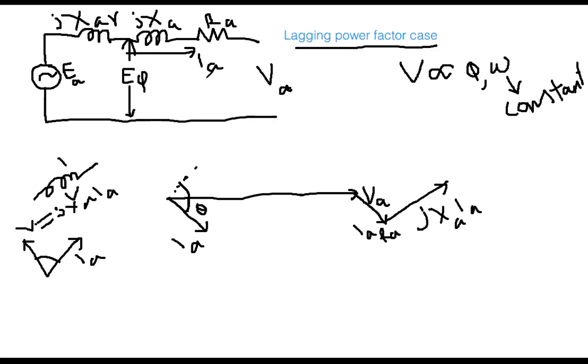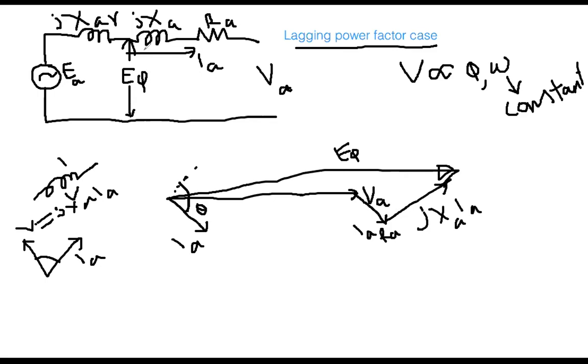So now, until that point, I have got this air gap voltage. This is my E phi, meaning the air gap voltage. Then consider this one, jXAR multiplied by IA.